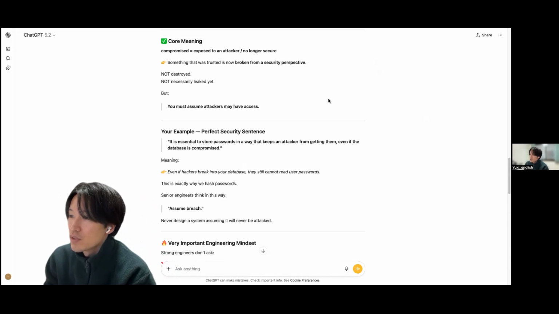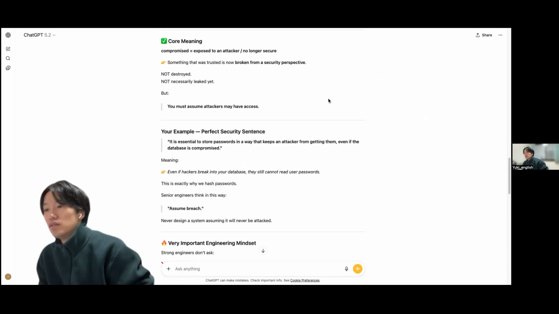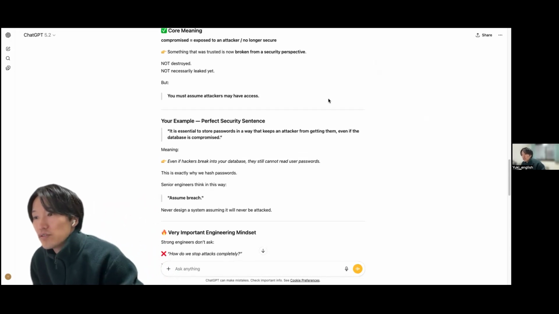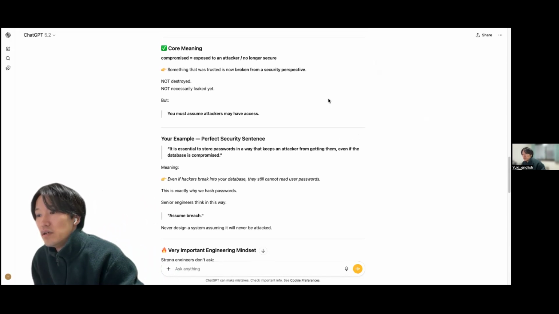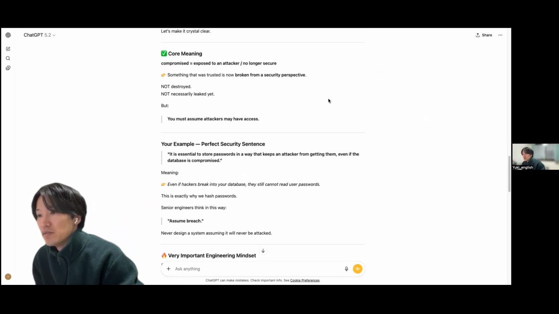Something that was trusted is now broken from a security perspective. Not destroyed, not necessarily leaked yet, but you must assume attackers may have access.